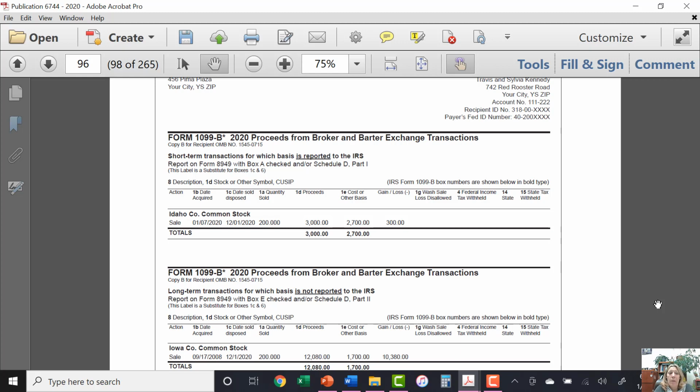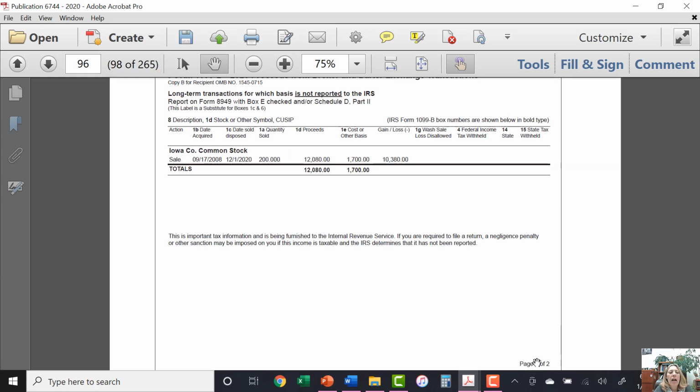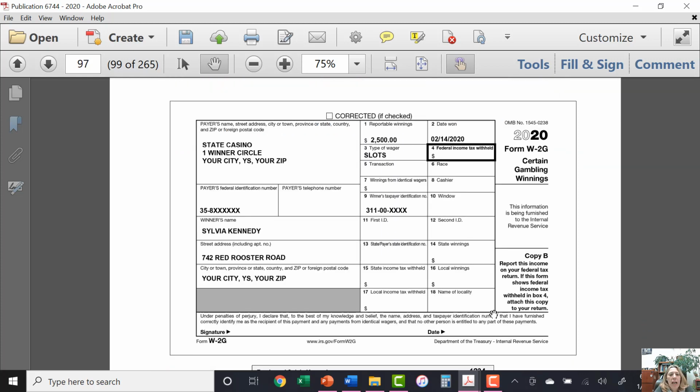And it takes a lot of time, and then someone has to come and check it, and they have to go through everything individually. But that's just kind of a way that you can see stuff like that. Okay. Let's see, what else do I got in here? Here's a Form W-2G. If there's ever any gambling winnings, we don't get many of those, but we have got them before.